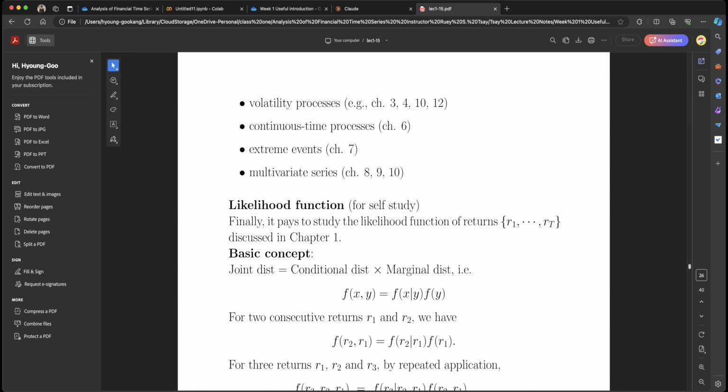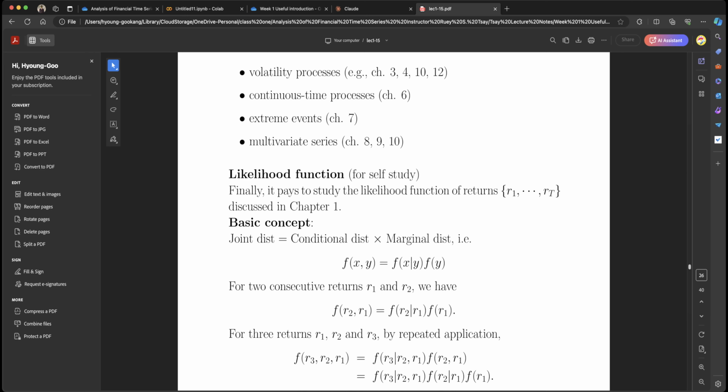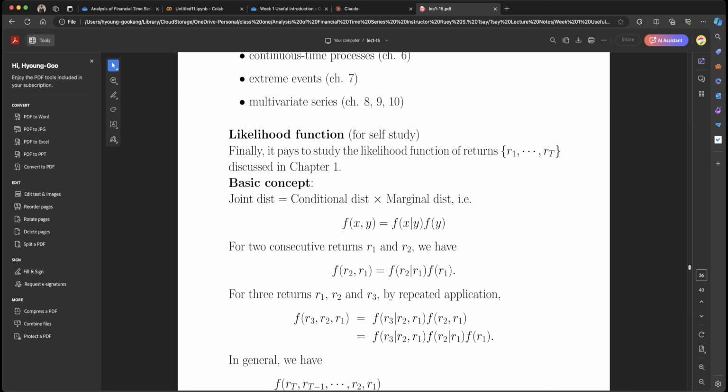Now the likelihood function is for self-study, but the likelihood function is important, so we can briefly go over it. Finally, it pays to study the likelihood function of return, R1 to RT, discussed in chapter 1. The basic concept is joint distribution, conditional distribution, and marginal distribution.